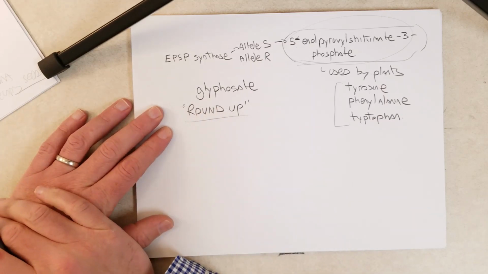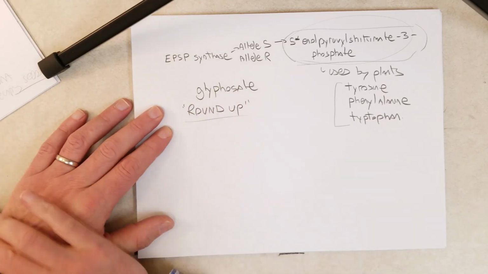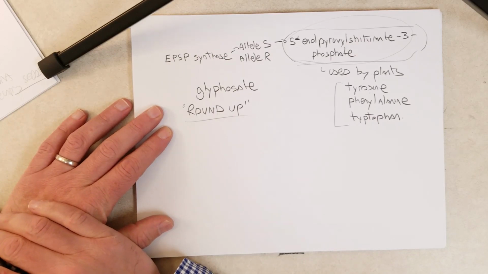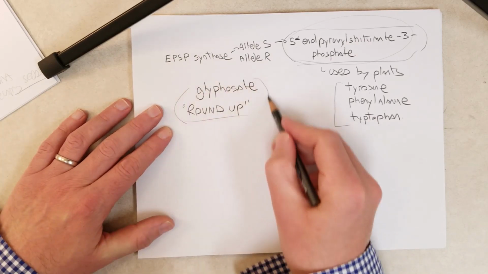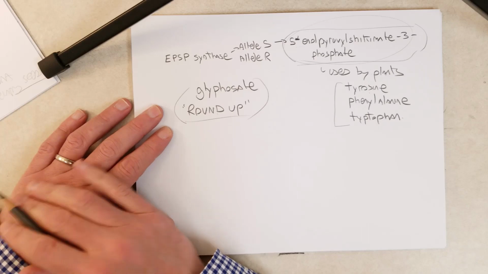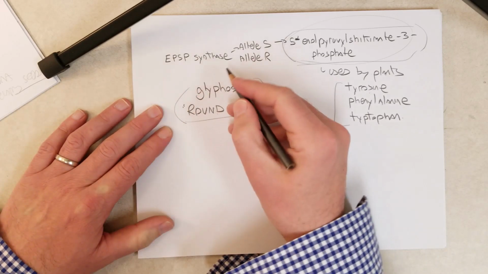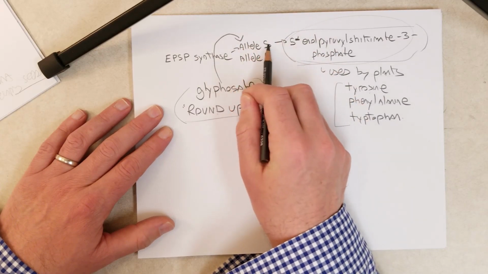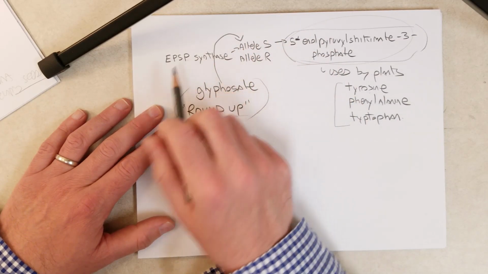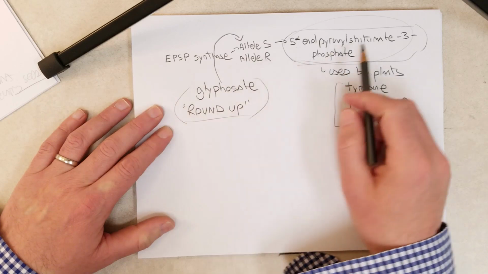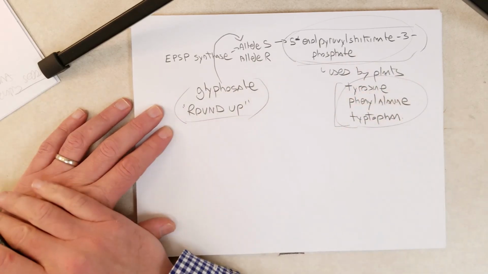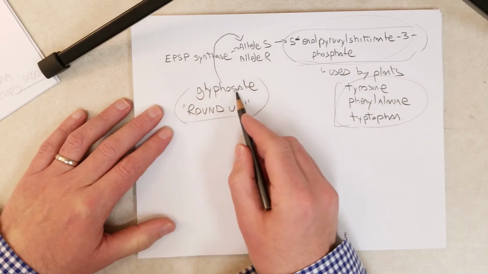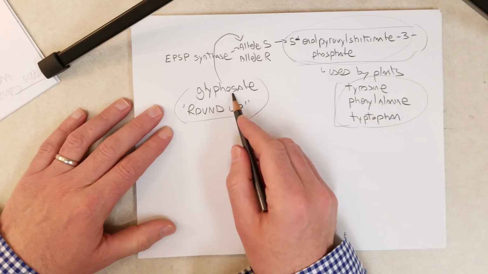Farmers love this herbicide, glyphosate, found in Roundup. What glyphosate does is it shuts down the sensitive allele of EPSP synthase. So the plants can no longer make these amino acids, and the plants die. That's why glyphosate is a herbicide.